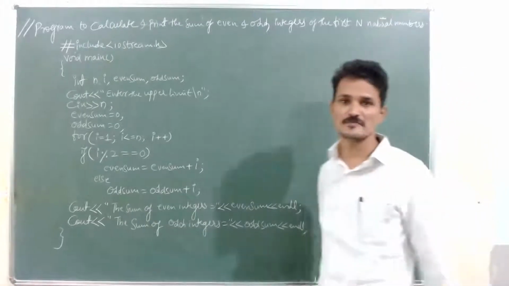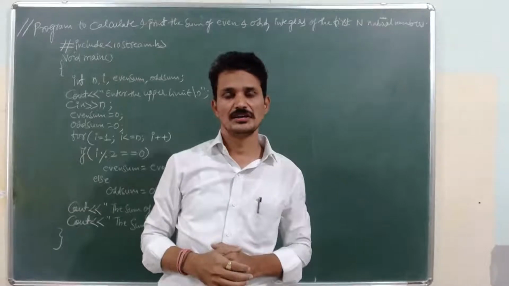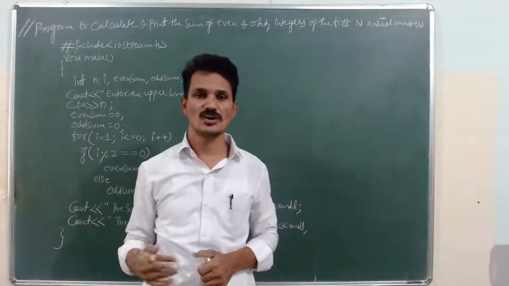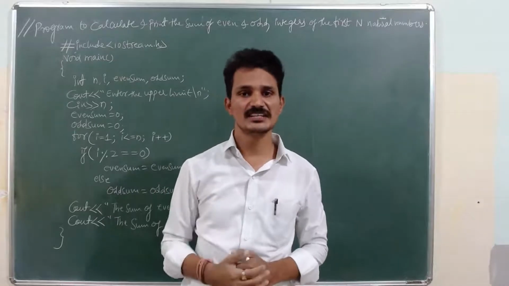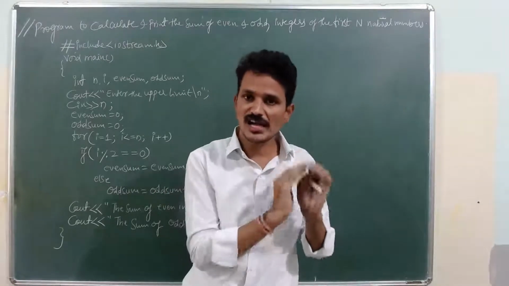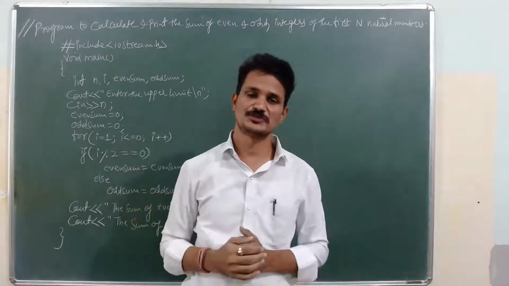n natural numbers. So, for example, if I input a number 5 for this program, it is going to calculate the sum of odd integers and the sum of even integers.